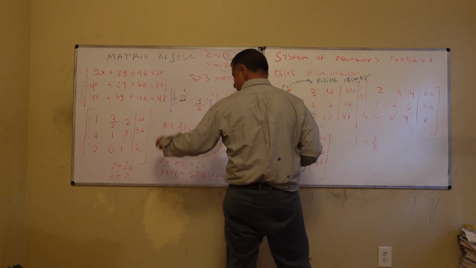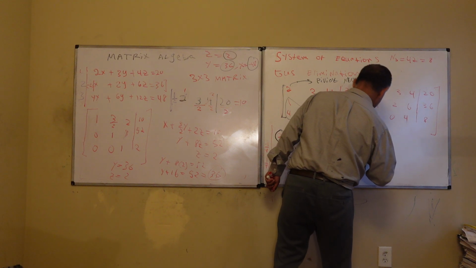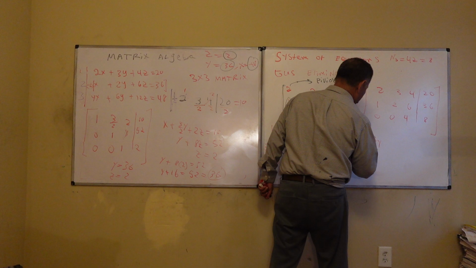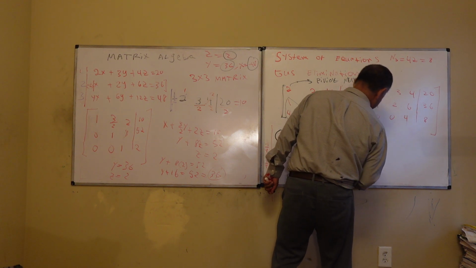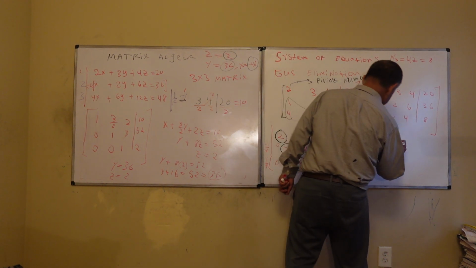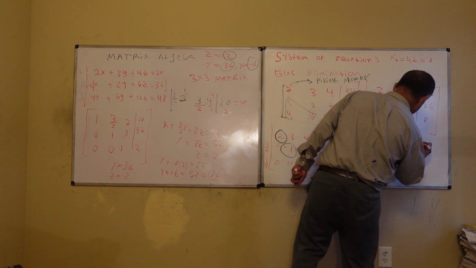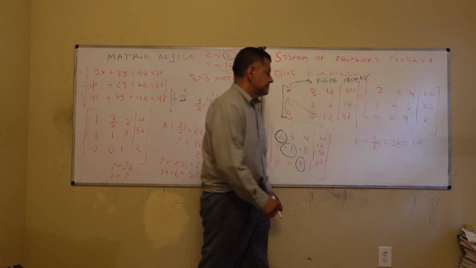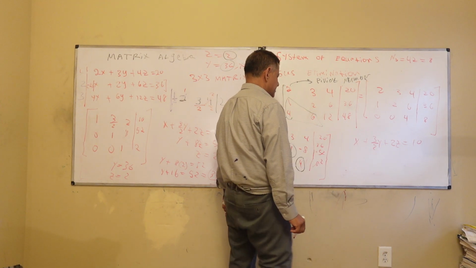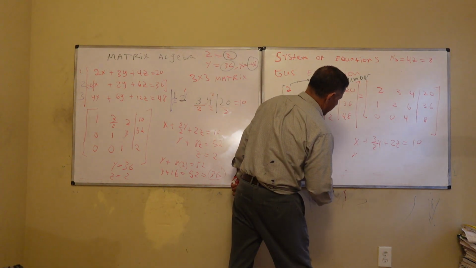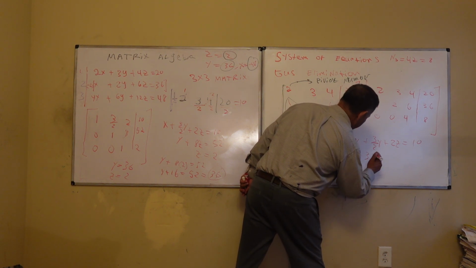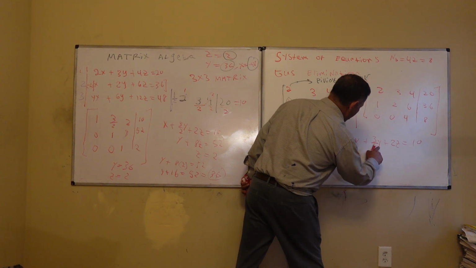So this is x plus 3/2 y plus 2z is equal to 10. Beautiful. Okay, so we got the following. We have a 3 right here, but y is what?